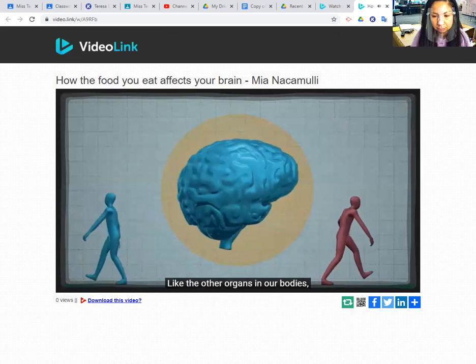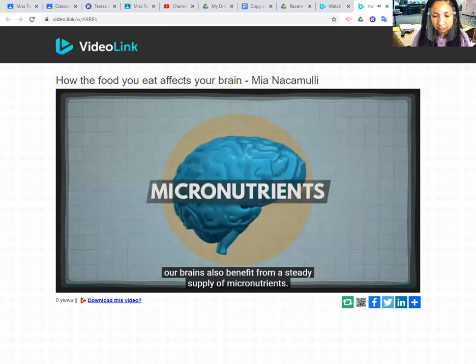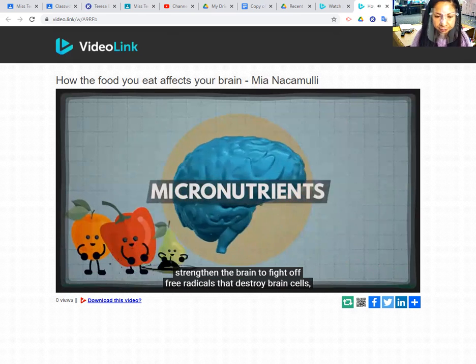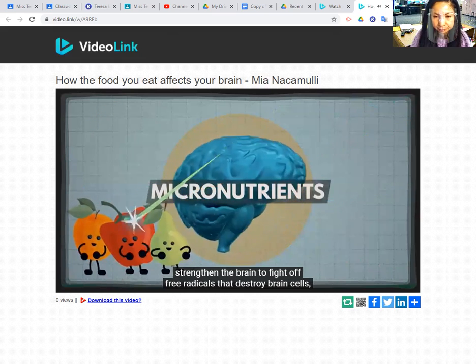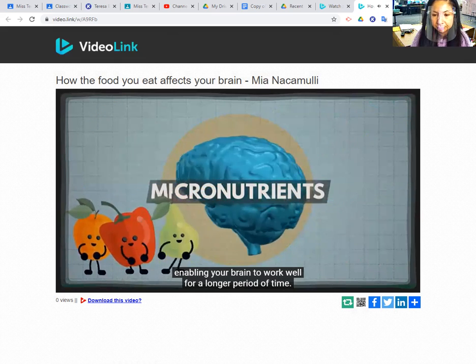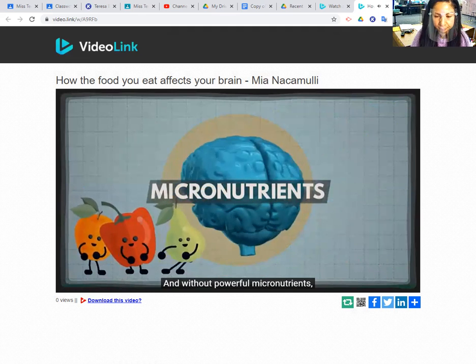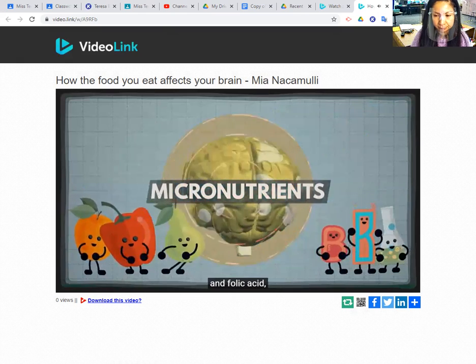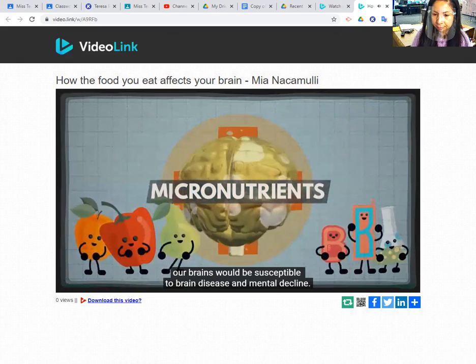Like the other organs in our bodies, our brains also benefit from a steady supply of micronutrients. Antioxidants in fruits and vegetables strengthen the brain to fight off free radicals that destroy brain cells, enabling your brain to work well for a longer period of time. And without powerful micronutrients like the vitamins B6, B12, and folic acid, our brains would be susceptible to brain disease and mental decline.